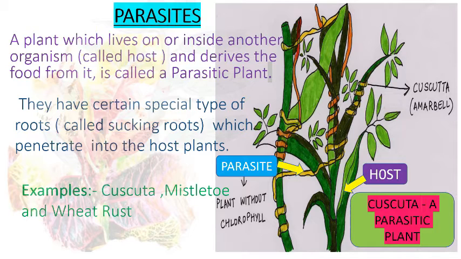So how do they get nutrition from the host? They have certain special types of root called suckers, and they penetrate into the host plant and derive the nutrition from the host plant. Some examples of parasitic plants are cuscuta, mistletoe, wheat rust and corn smut.